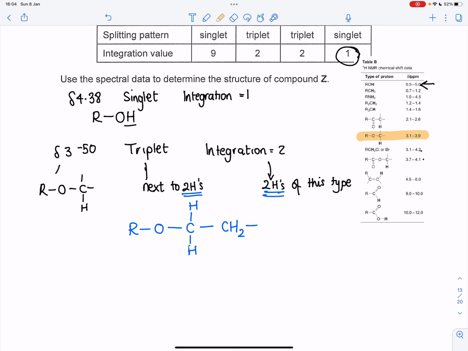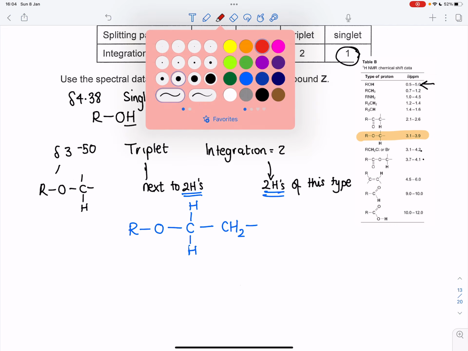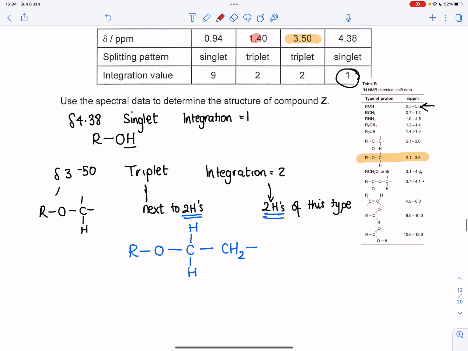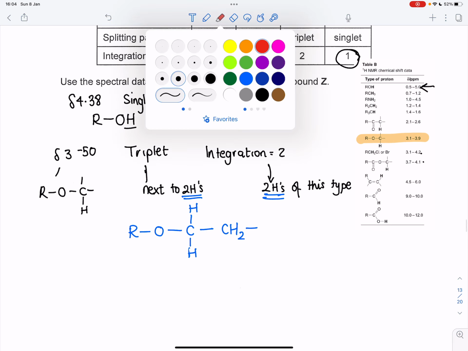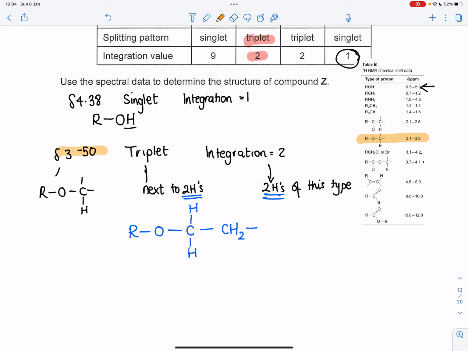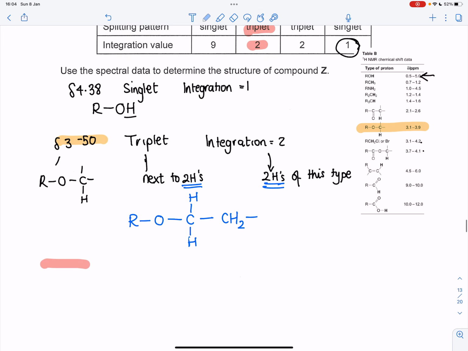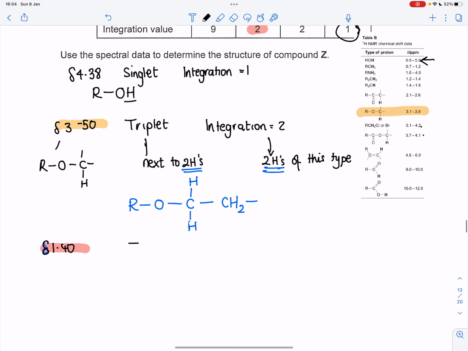And then if we move on to the next piece, let's see what we've got next. We've got this 1.4 triplet, integration 2. So this was this one. We've now got delta 1.4, triplet, integration 2.